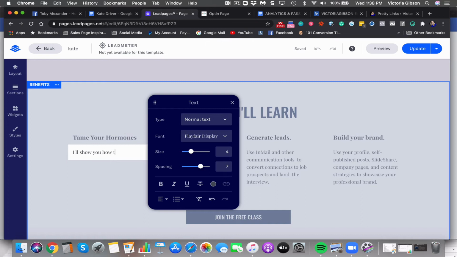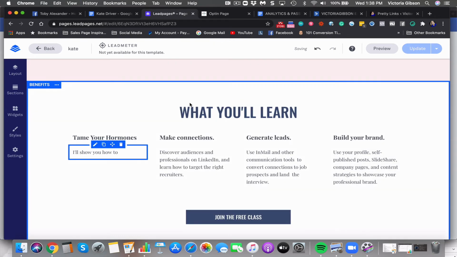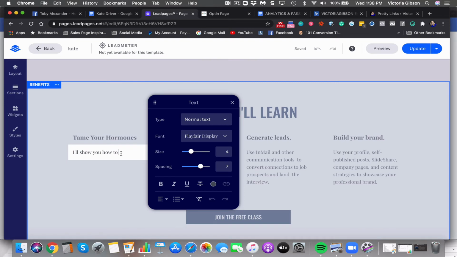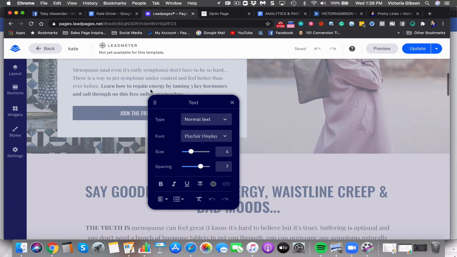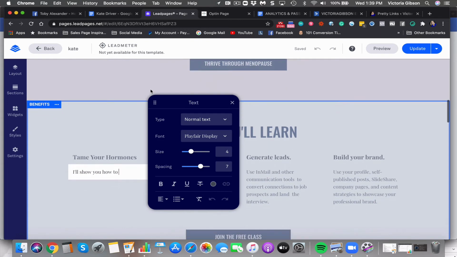Okay, how to understand might be going a bit deep. You want to imply that there's an easy button there as well. So I'll show you how to, what did we have on that other one at the top? Taming 3 key hormones.